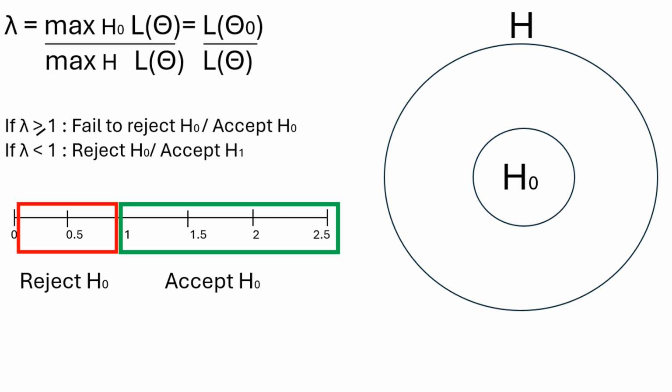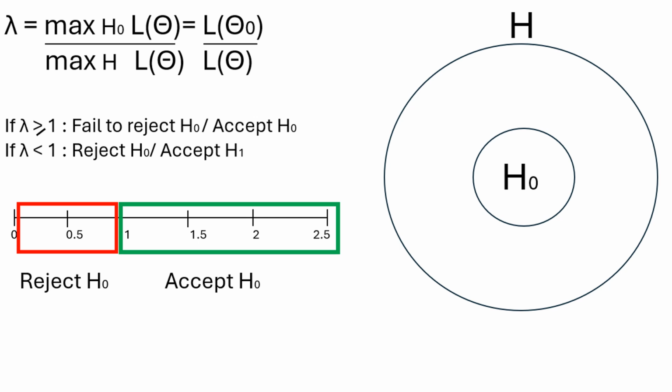This can also be expressed using this number line, where we have this red region. For any value less than 1, we reject H0, and for any value equal to or greater than 1, we accept H0.